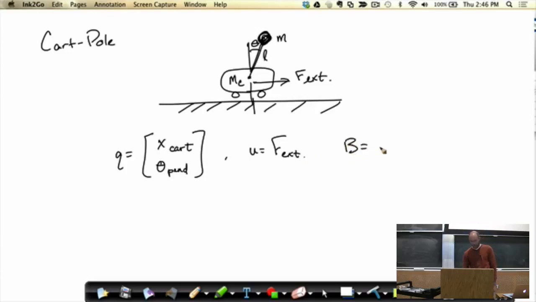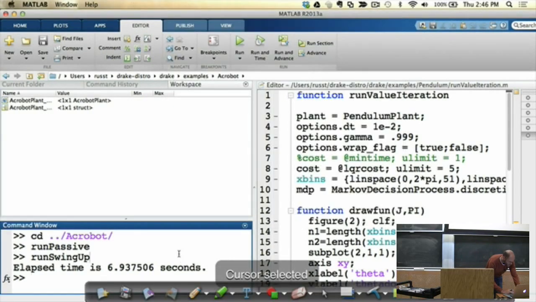So B in this case is going to directly control the first degree of freedom and only indirectly control the second. In both cases, if we want to make it interesting, we can add a torque limit. Again, this one is a simple system to play with.